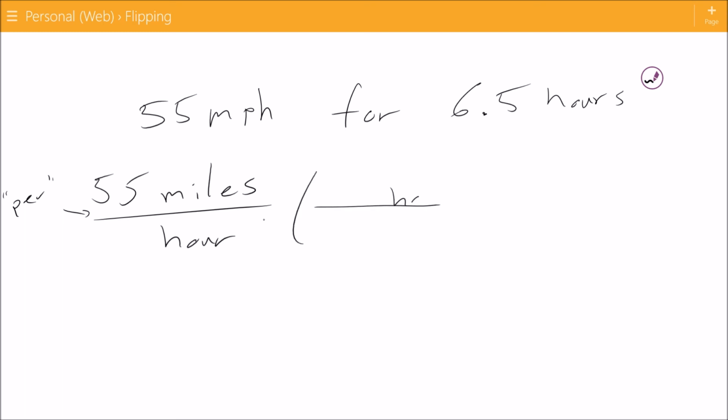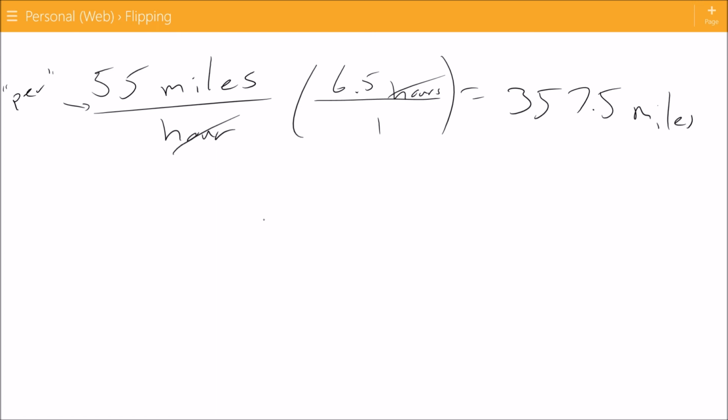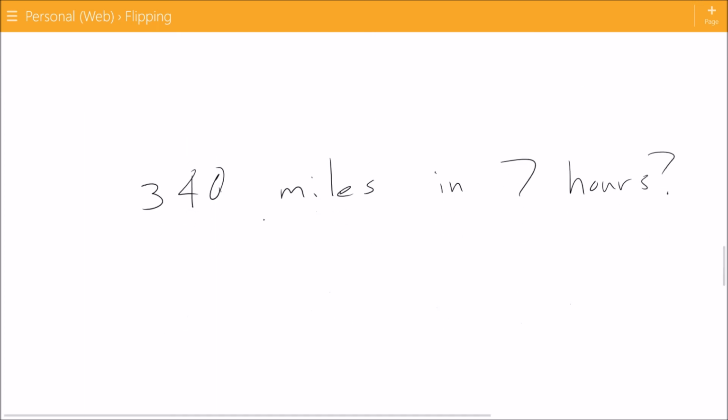So you can put hours up top, and really there's no unit for that on the bottom, so you just have 1 below. The hours cancel, so you're left with 55 times 6.5, which yields you 357.5 miles. That's it. Then you are set. Again, the units take care of themselves.